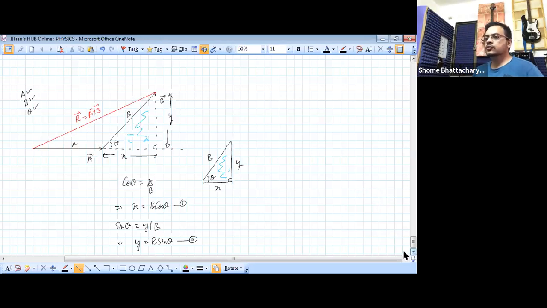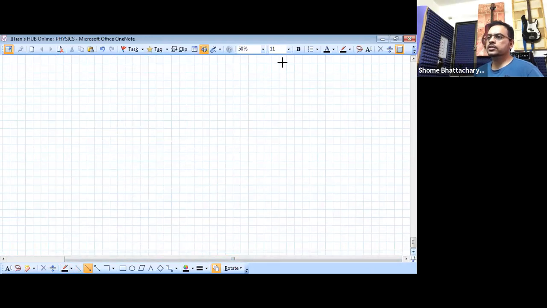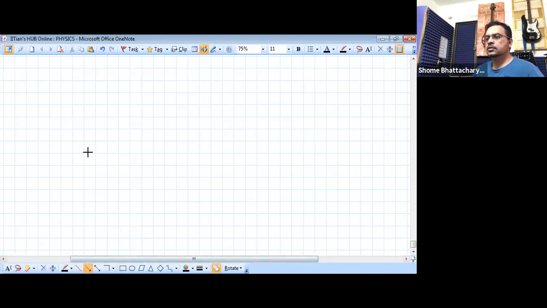Now, within the same diagram, let us understand how to solve for the unknown quantities, which are the magnitude of a plus b and the angle it is making.